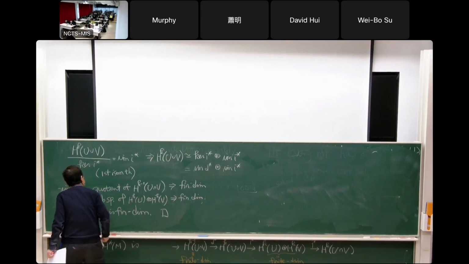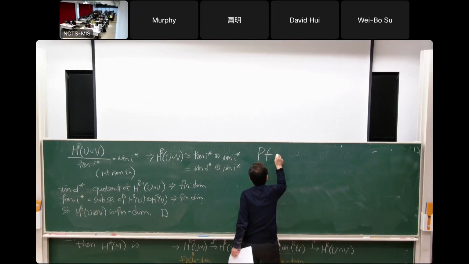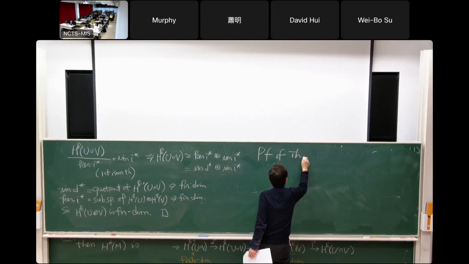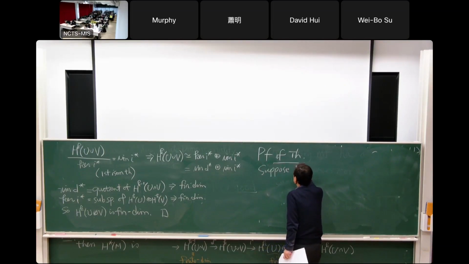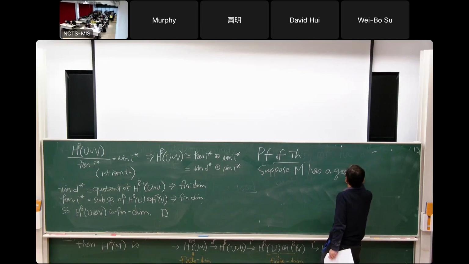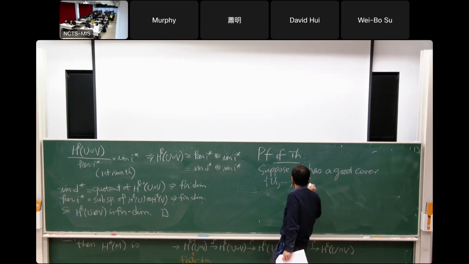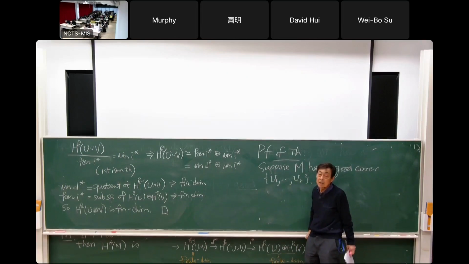So the theorem: suppose M has a good cover U1 to Ur.